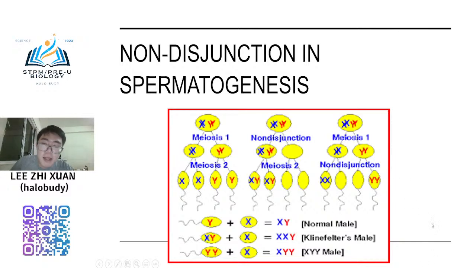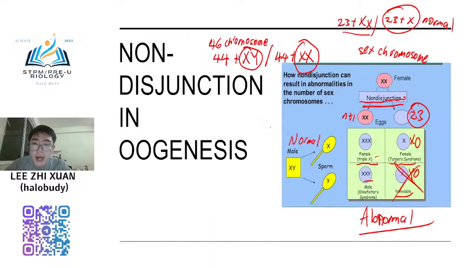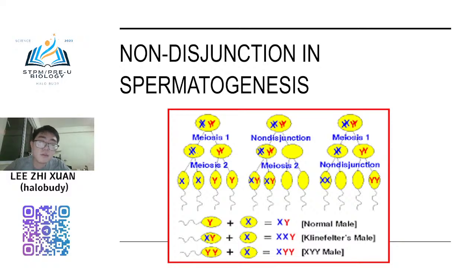For the male, when non-disjunction occurs, it is more complex compared to the female. Why? Because the female unit is only two, and the female has to separate into meiosis 1 and meiosis 2.